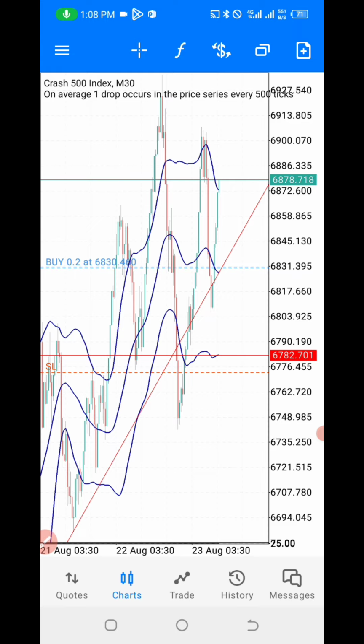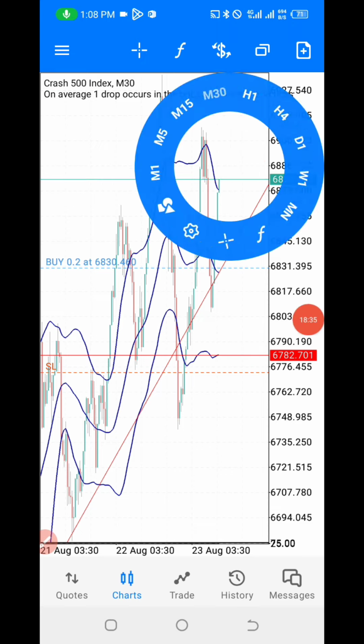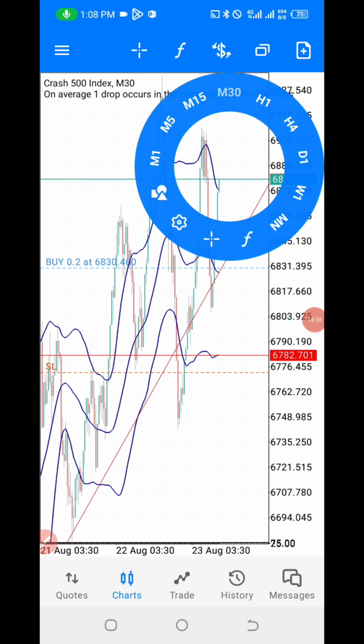So that's it, guys. You can see on M30, this market has moved up and has crossed the outer line of the Bollinger Band to the downside. The middle line of the Bollinger Band is now on the upper line of the Bollinger Bands. That is considering crash market now, and I'm expecting a reaction on M30.